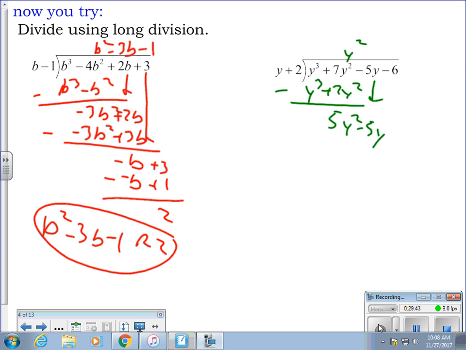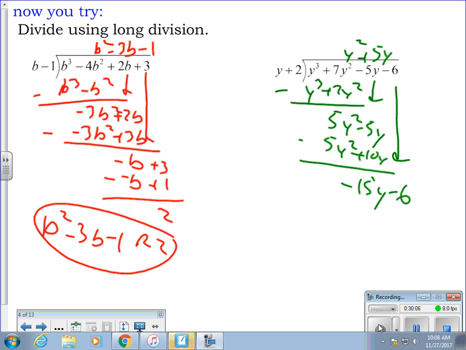Y goes into 5y squared, 5y times. I get 5y squared plus 10y. Subtract. 5y squared minus 5y squared is gone. Negative 5y minus 10y, negative 15y. Bring down the negative 6.